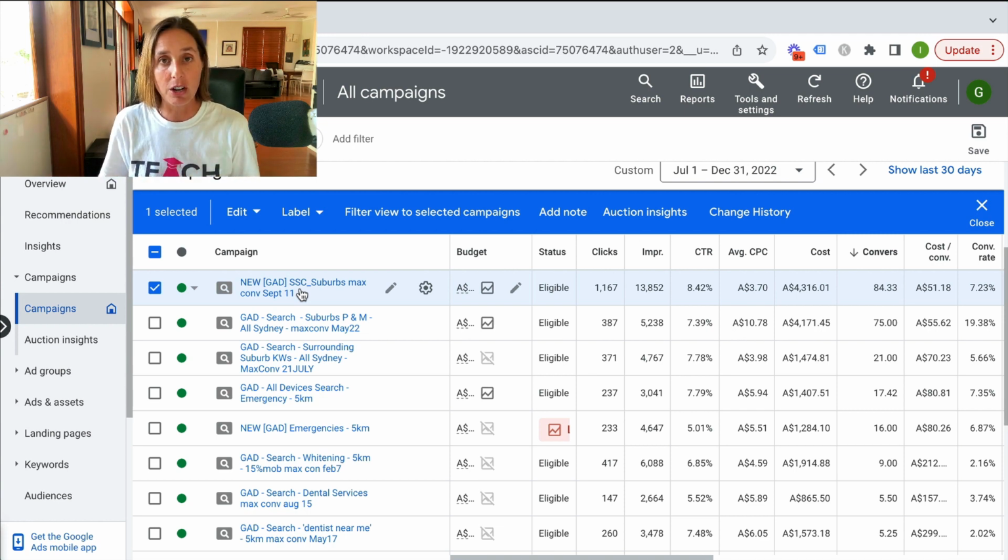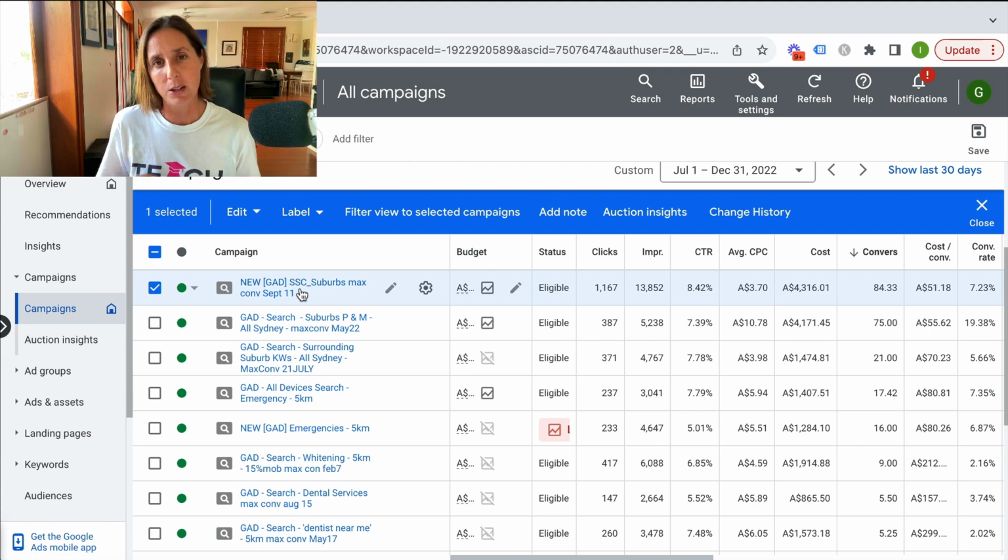Okay, so that strategy is a consistent winner. We make sure we separate each suburb into separate ad groups, pretty much for quality score reasons and various other reasons. But just make sure that the ad that you write doesn't say that you're a dentist in that surrounding suburb. When I first deployed this strategy, I actually put the suburb that I was bidding on in the headline of my ad.